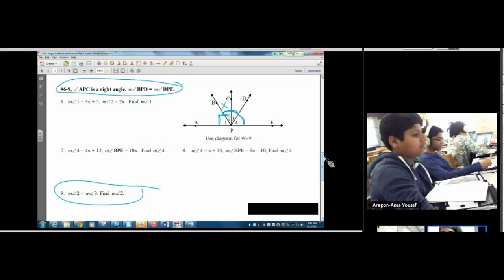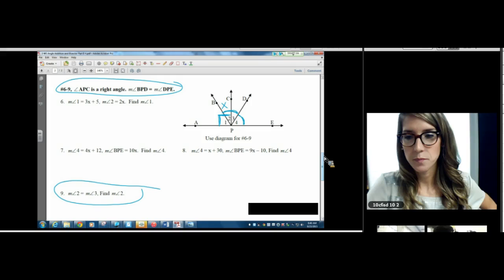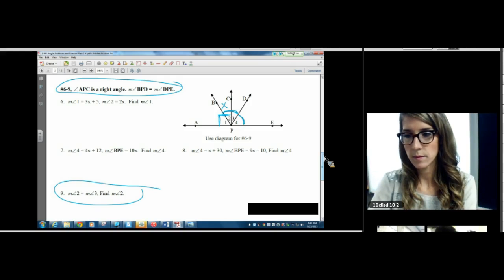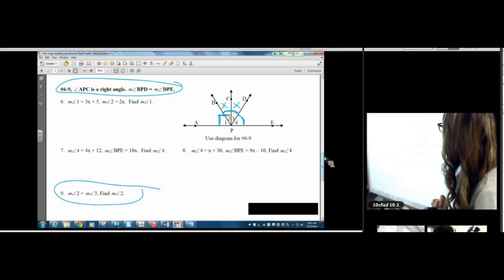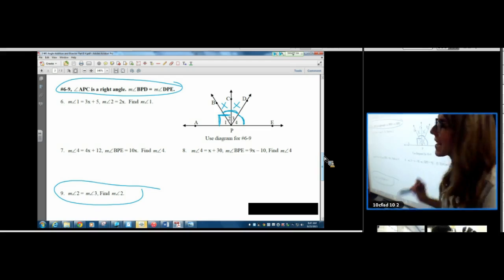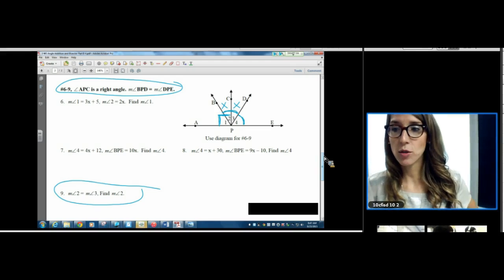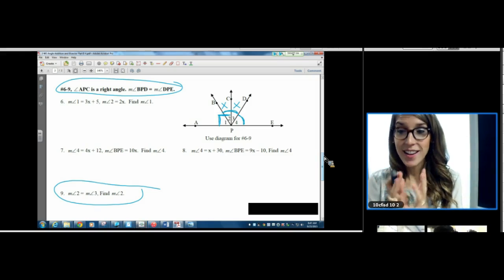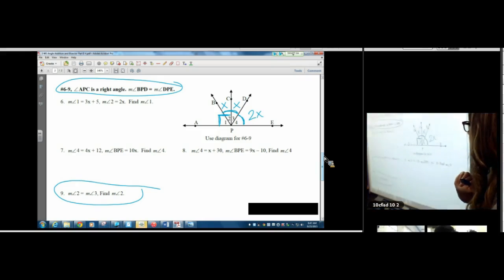If I call angle 2 X, then what would I call angle 3? Well, they're congruent. They're equal. Very good, Aaliyah. It's also X. Okay, what could I name angle 4 then? If angle 4 is congruent to angle 2 and 3 put together, good. I could name angle 4 2X.